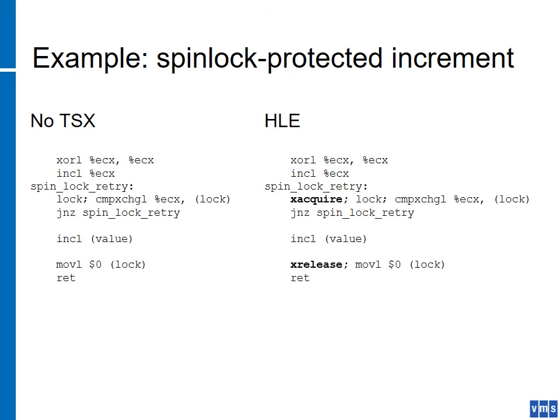So with hardware lock elision, you simply add xacquire to this instruction, and you add xrelease to that instruction. And it will still do the same thing. It will try to acquire the lock, except that it doesn't. It's watching the cache coherency bus to figure out if anyone else is doing anything with whatever values we're referencing here.